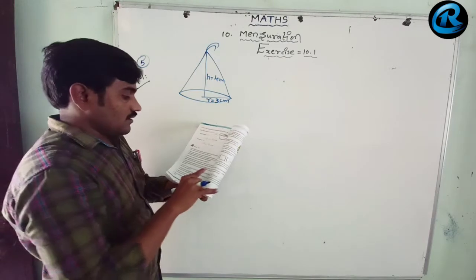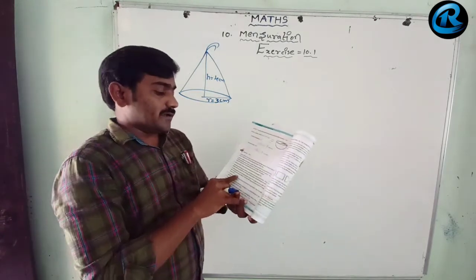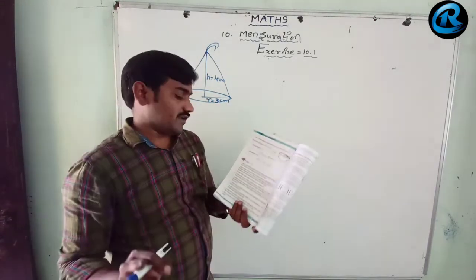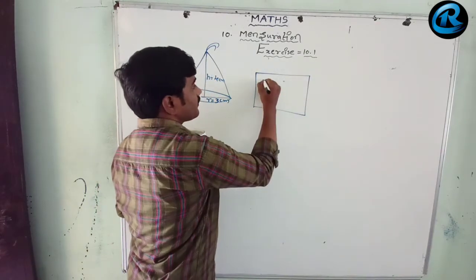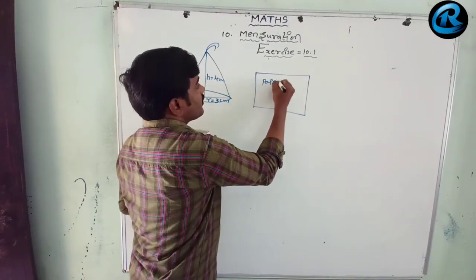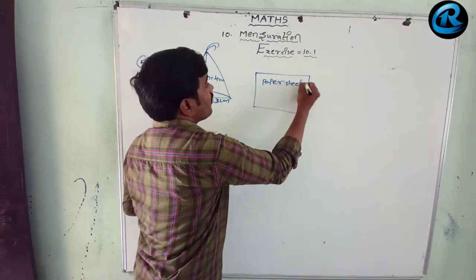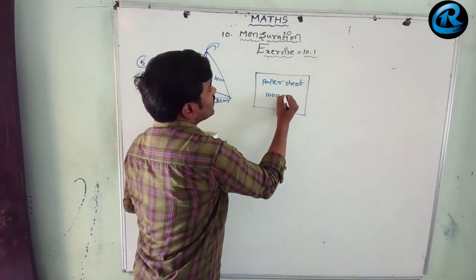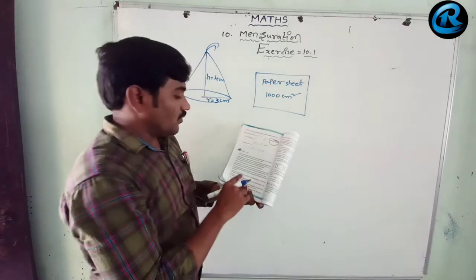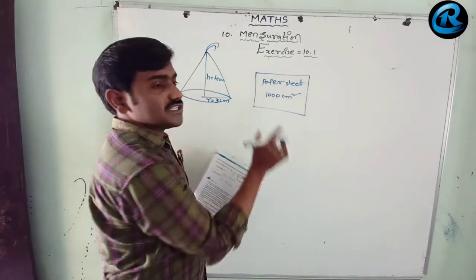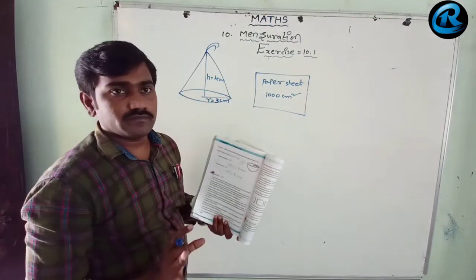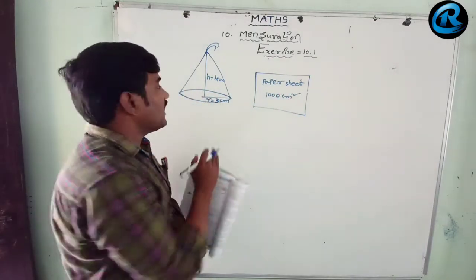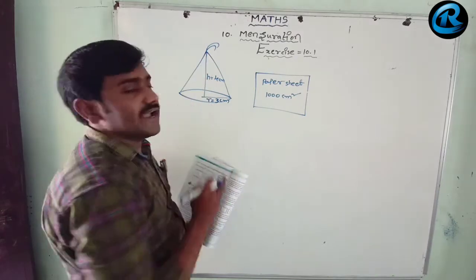Then the available paper sheet is 1000 cm square, అంటే వాళ్ళ దగ్గర the paper sheet is available. Only 1000 centimeters square of paper sheet is available. From this paper sheet only they have to manufacture these joker caps of radius 3 centimeter and height 4 centimeter.